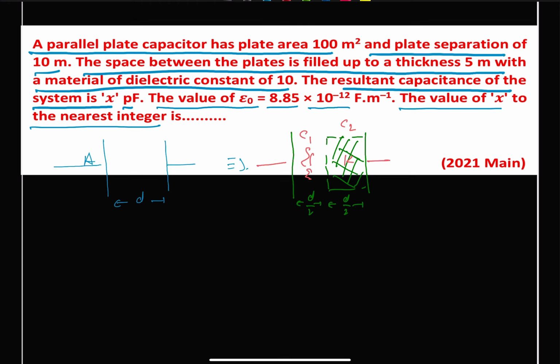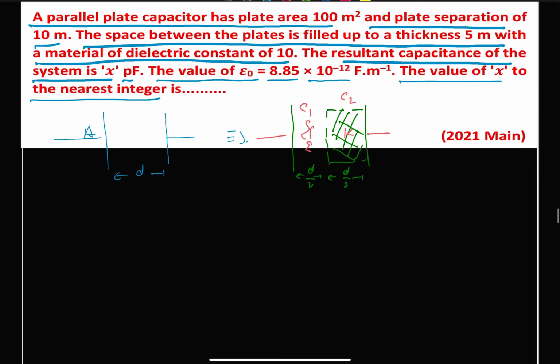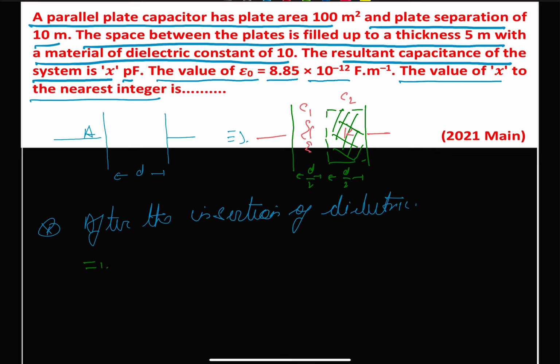Now these two capacitors will be in series. After the insertion of the dielectric, there are two capacitors C1 and C2 in series.